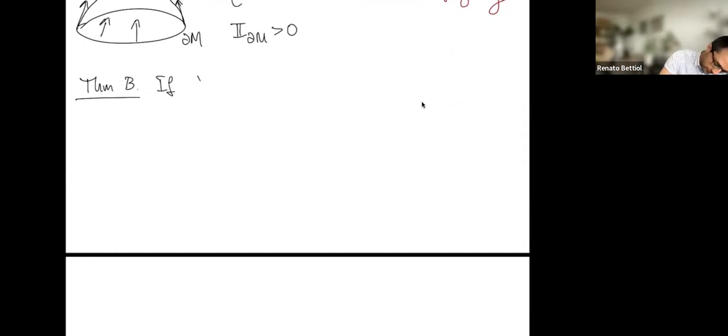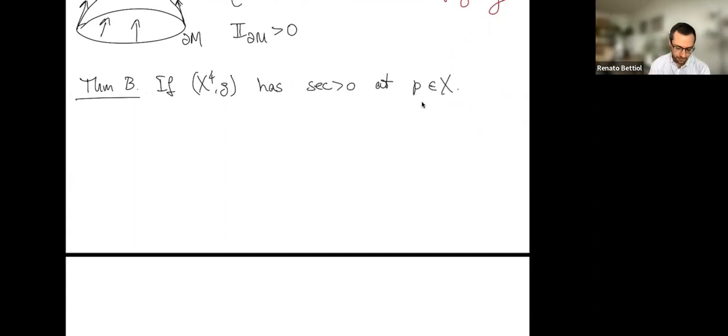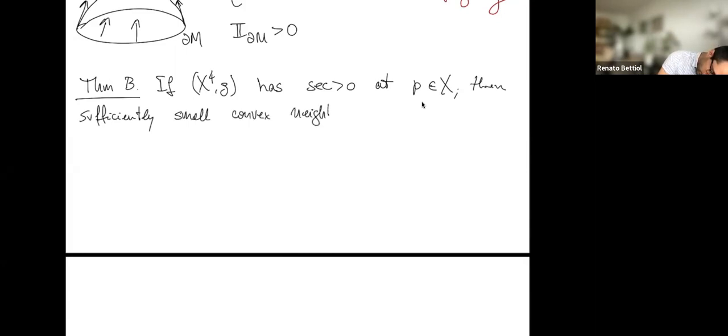So if you take a four manifold X that has positive sectional curvature at some point, so all planes based at that point are positively curved, but outside of this anything can happen, then sufficiently small convex neighborhoods of this point with all curvatures positive are area-extremal.